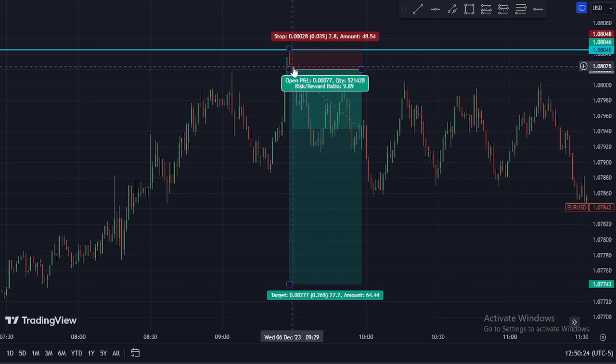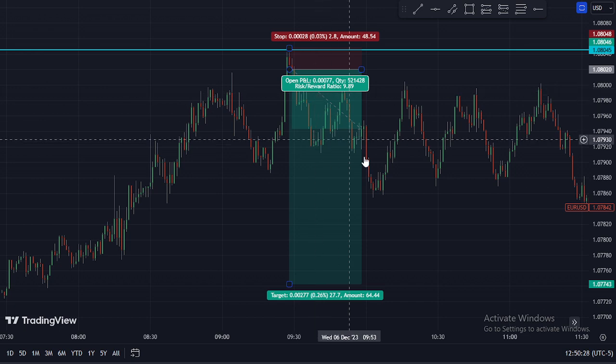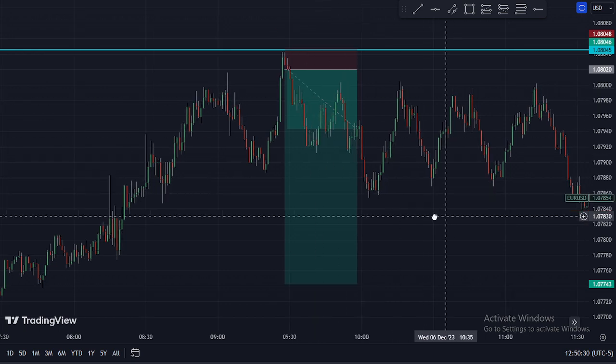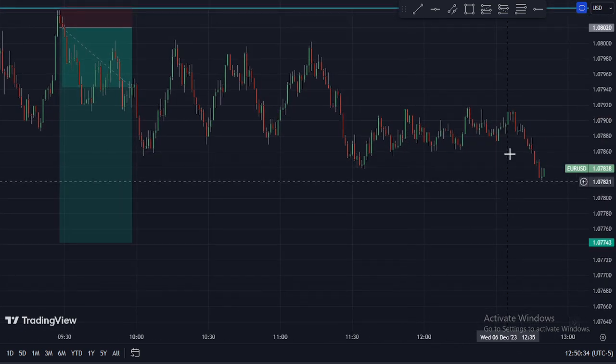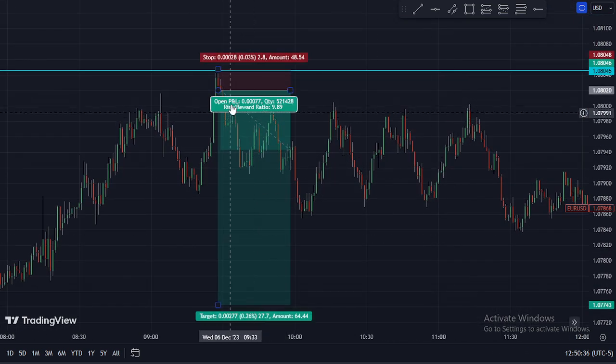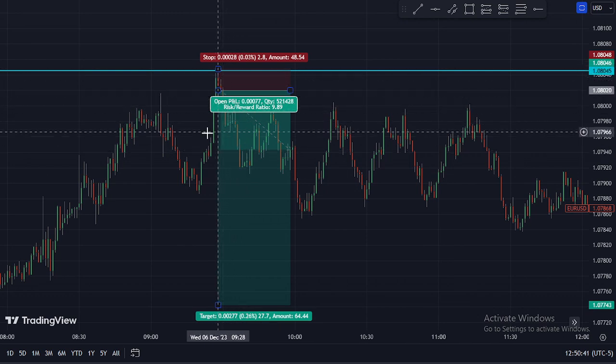It may not go down as fast as you expect. Sometimes it will chop around, and then eventually it will break lower. So you have to have the power of holding onto trades. So this was a good trade.